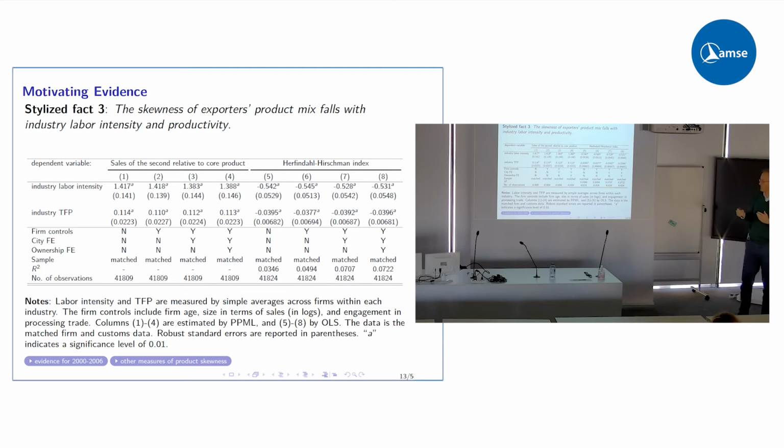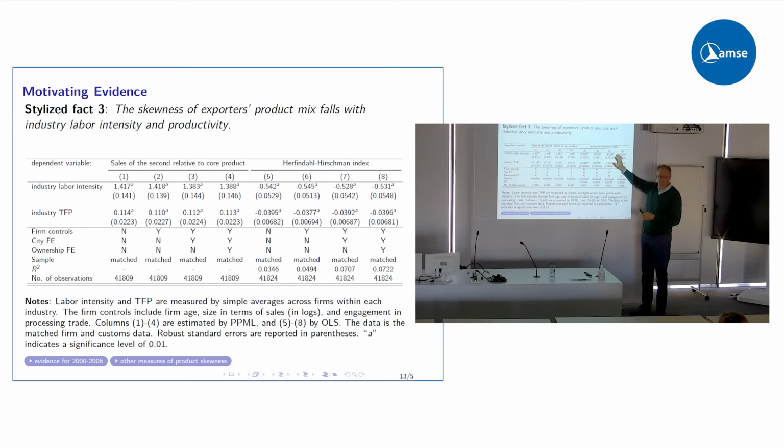But since our products are better than others, if you have this balanced distribution, it must be that the competition you face abroad is not that tough. Because otherwise, if competition were tough, you would sell a lot more of your best products than of the other products. This has something to do with the shape of demand, and I will discuss this. But in a sense, it's sort of a Champions League model of trade.